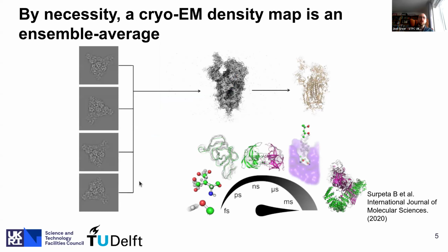So we saw that the reconstruction algorithm is essentially, by necessity, from the signal to noise ratio and the Fourier slice theorem, an ensemble average of the different conformational states that might be present in your data set. At all temperatures, we expect the states explored by molecules to follow a Boltzmann distribution, and the different states that they can explore allows them to actually perform their biological functions.